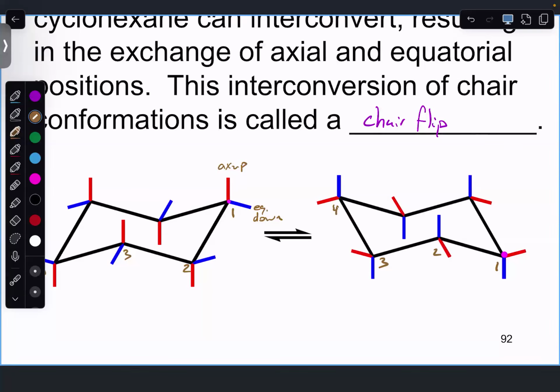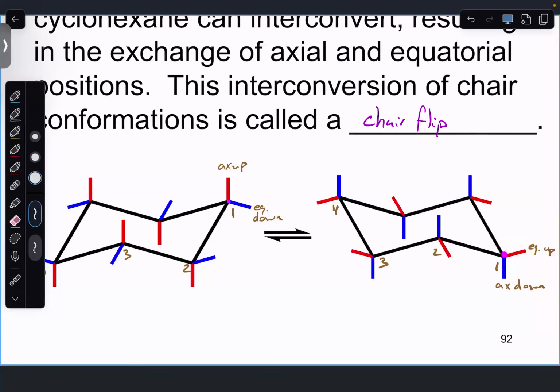This has equatorial up, axial down. When you do a chair flip, all of your axials become equatorials and all of your equatorials become axials, on all carbons.